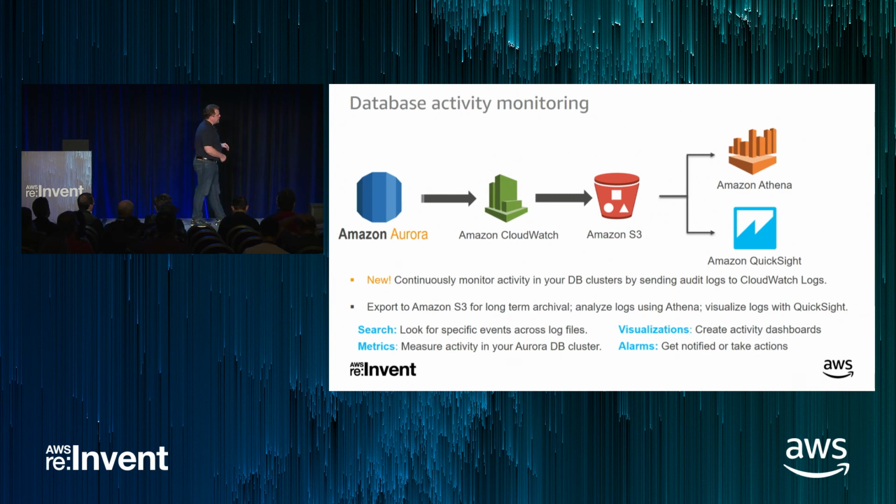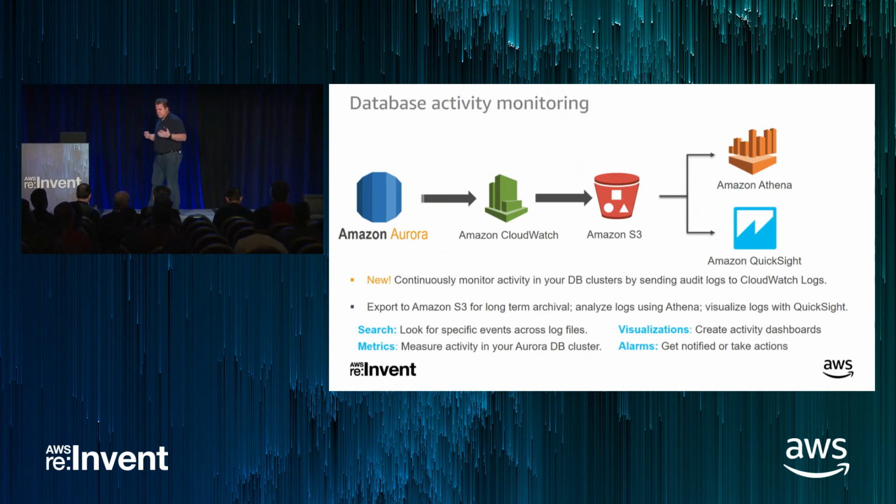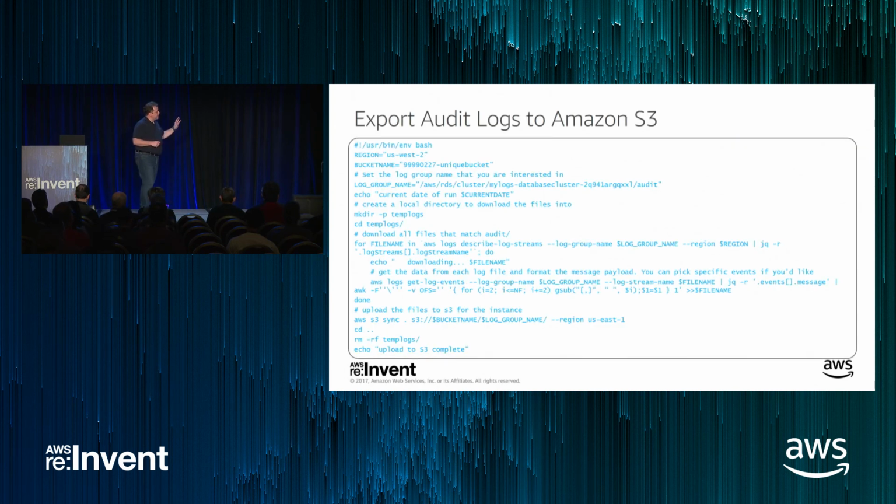You can also take those logs and export them to S3. And when you export them to S3, you can use Amazon Athena or Amazon QuickSight to further analyze those logs and maybe extract other information out of them as you need. This right here, I know that it's a lot of text.